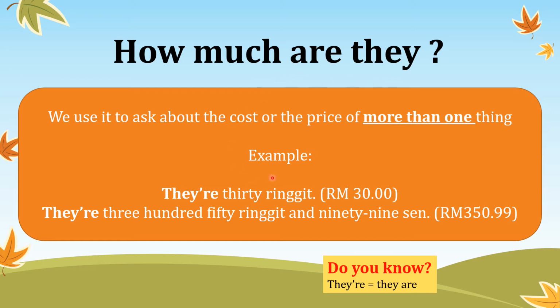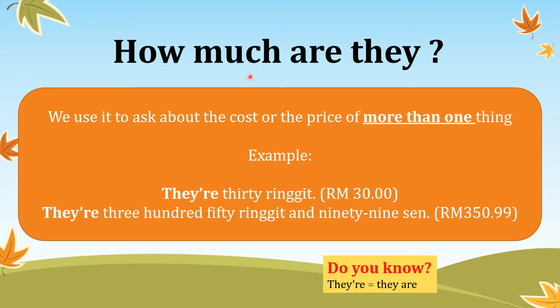Alright? So how to answer? How much are they? They are 30 ringgit. They are ni datang daripada perkataan they are. They are 350 ringgit and 99 cent. So do you know this?